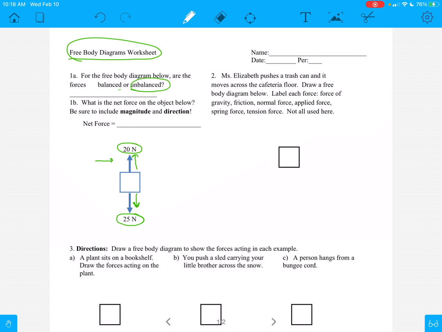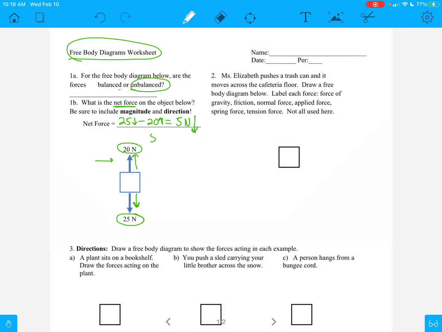Okay, and so what is the net force on the object below? Well, to figure out the net force, you're going to have to take 25 one way, so it's going to be 25 this way, minus 20 this way, and that's going to end up being a net force of 5 newtons going down, okay?